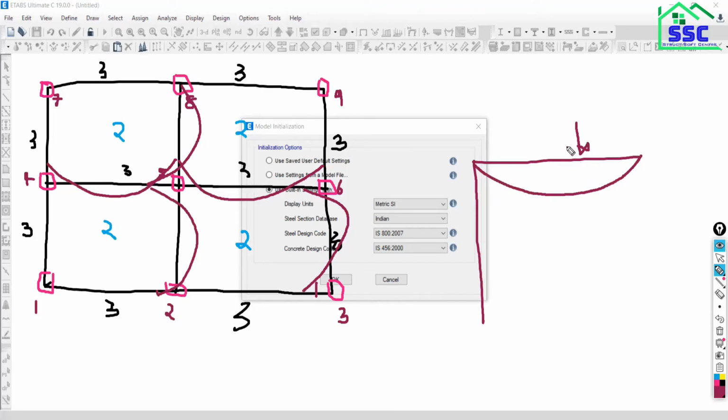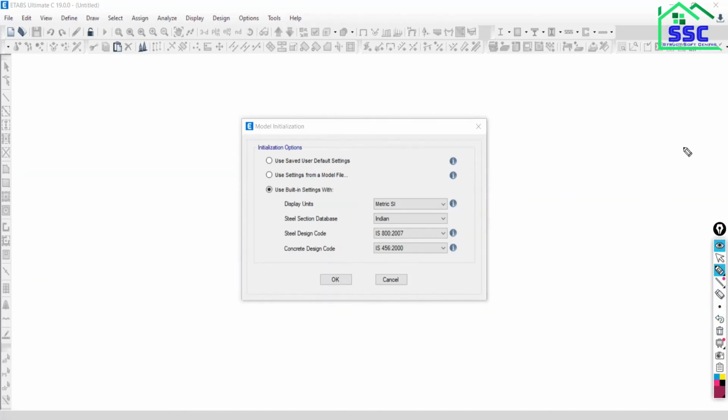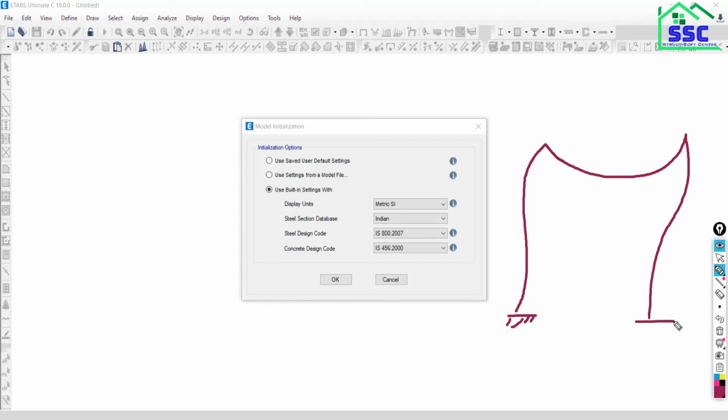Due to this flexural behavior, due to this deflection of the beam, what will happen, initially this column is straight, but due to this bending, this beam is trying to pull this column like this. So the behavior will be like this. Am I right or wrong? Yeah. So this bending will try to pull your column in this direction.